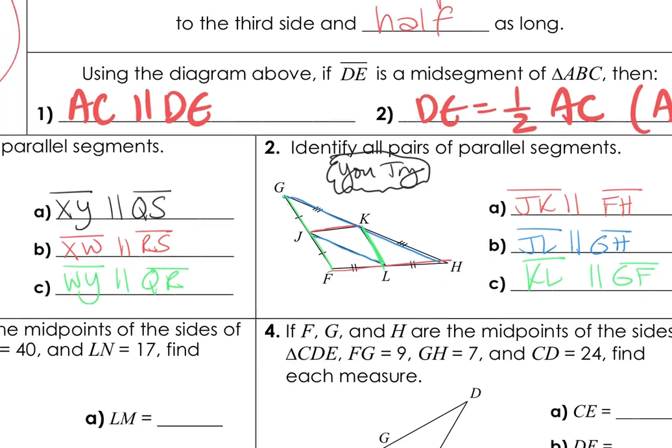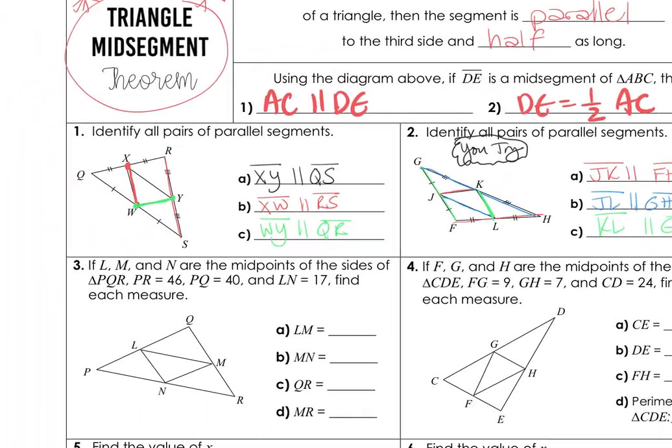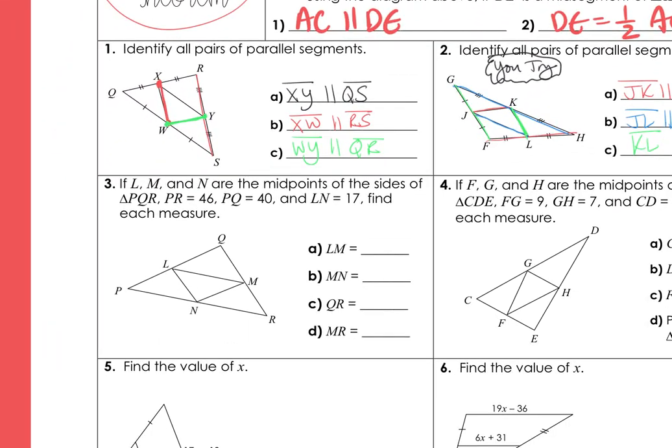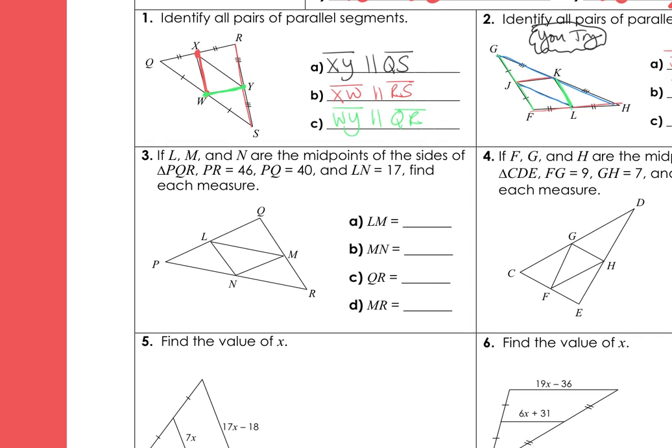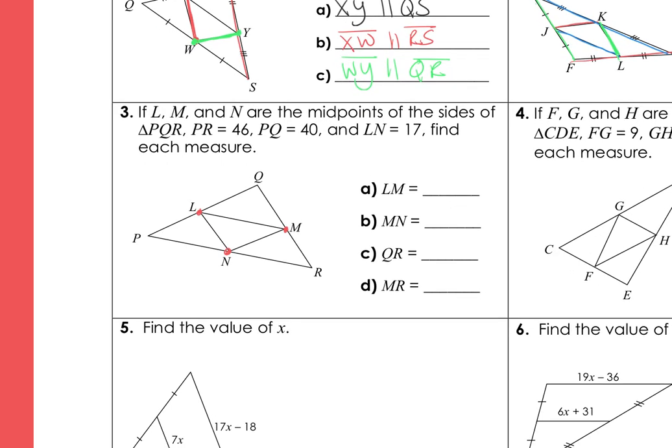All right, let's go ahead and try to find some missing sides now. Okay, number 3, it says if L, M, and N are midpoints of the sides of triangle PQR, PR is 46, so I'm just going to write this down here. That's 46.